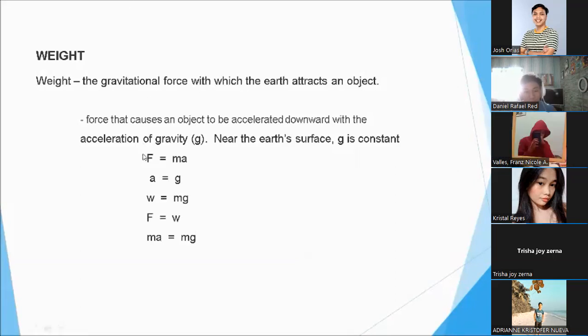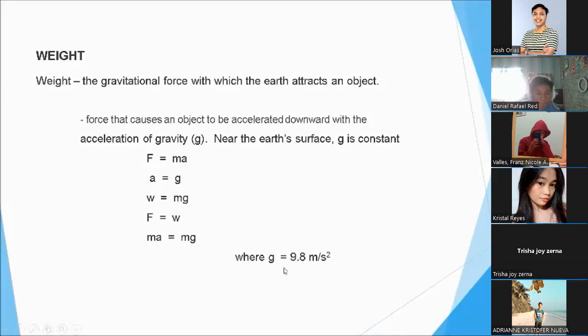Okay, so this one is analogous to F equals ma is analogous to W is equal to mg. O kasi if A is the acceleration caused by the net force here, now G here is the acceleration due to the weight. Okay, yan, which is the gravitational force. So if A is G and then F equals W, then we say W is equal to mg.